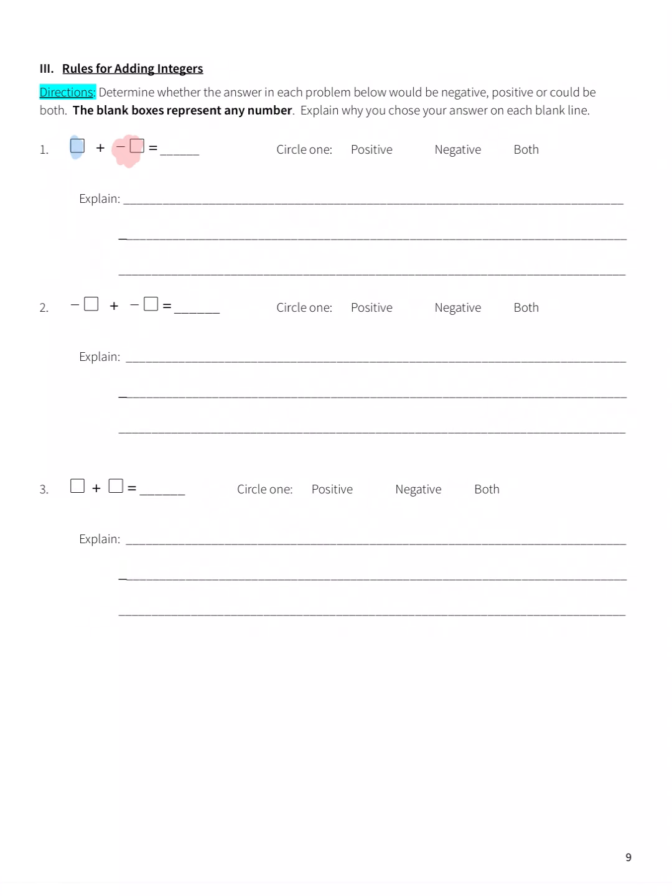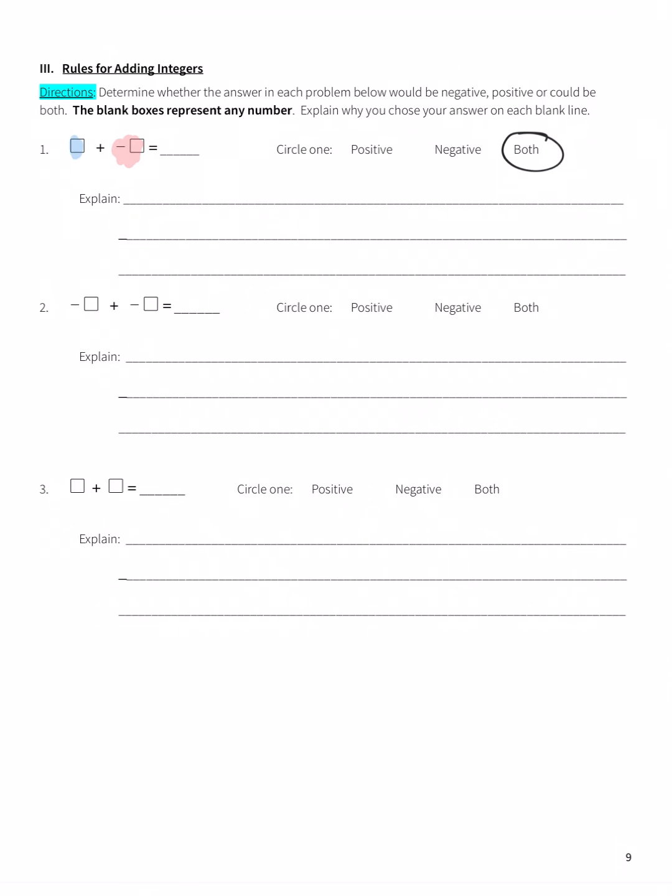All right. I hope that you thought it was both. It could be positive. It could be negative. It depends on which number has the bigger absolute value. So if we have 10 plus -9, well, 10 is a bigger absolute value.